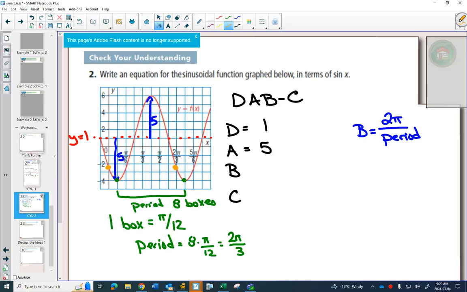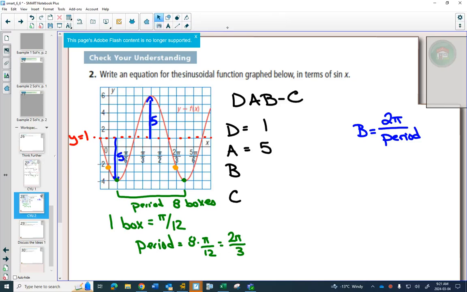From that orange dot to that orange dot is 2 pi over 3, so my period is 2 pi over 3. Often, though, they don't even label those points, or maybe the graph is not drawn to scale. So then using a minimum to a minimum or a maximum to a maximum, and sometimes people use a minimum to a maximum and just say that's half of it and double their answer in the end. So I got my period to be 2 pi over 3.